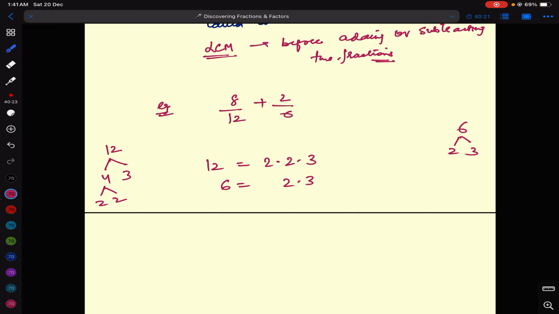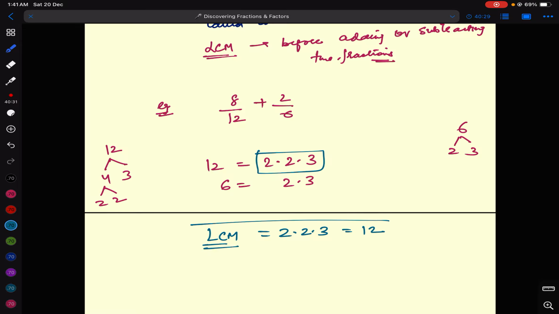Now here the LCM will become 2 times 2 times 3, which is 12. So LCM here is 2 times 2 times 3.